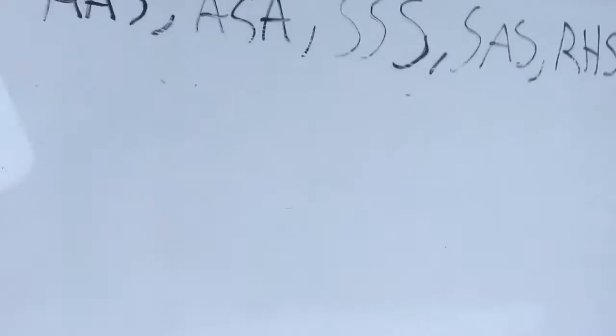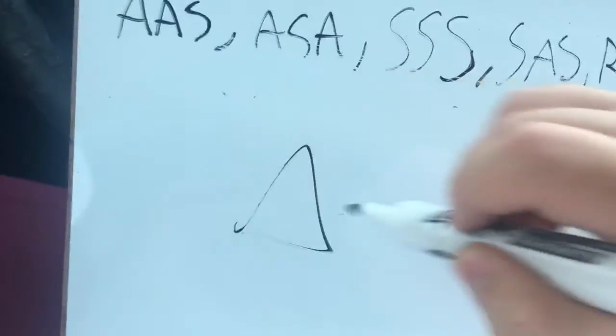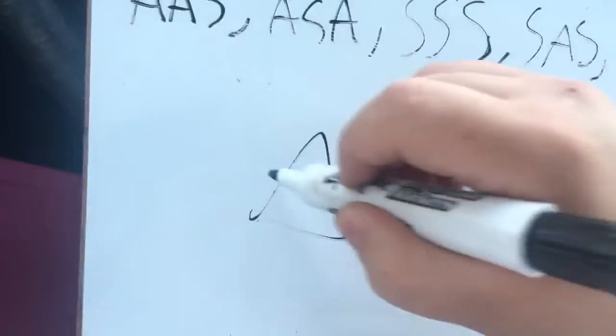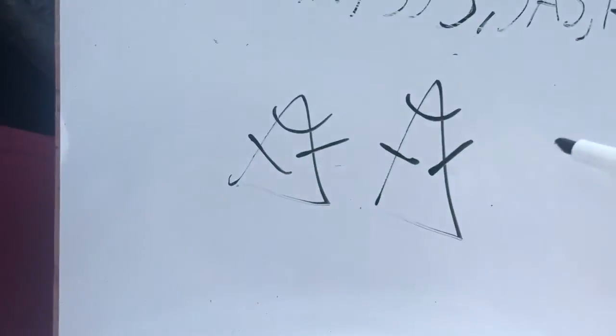Same thing for side angle side. Let's say you have two triangles. You have a side, an angle, and a side. Side, angle, and a side. These two triangles are congruent.